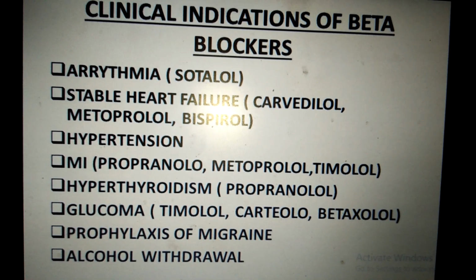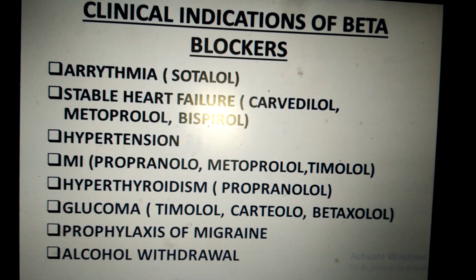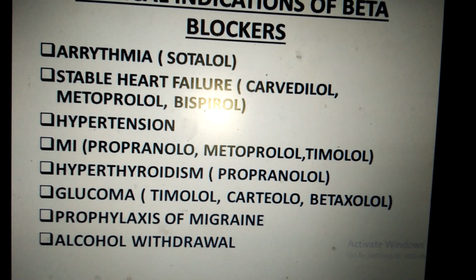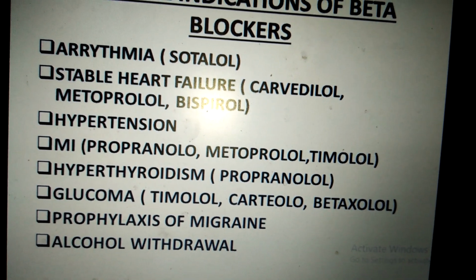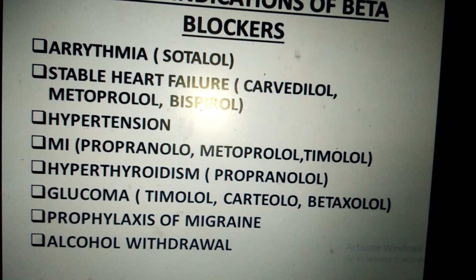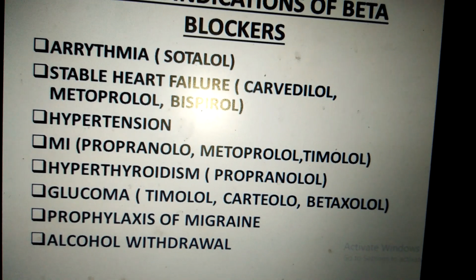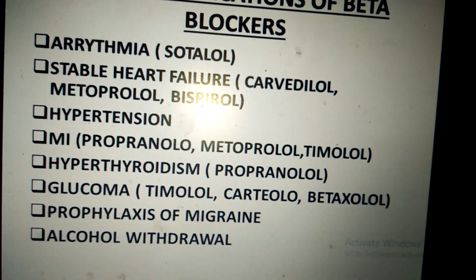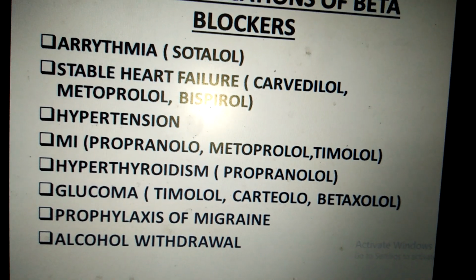You can see which beta blocking drug is best for arrhythmia, which is best for the treatment of stable heart failure, and in hypertension we can give propranolol, and which drug is good in MI, myocardial infarction, which drug is indicated in hyperthyroidism, which drug is good in glaucoma, which drug is used for the prophylaxis of migraine.